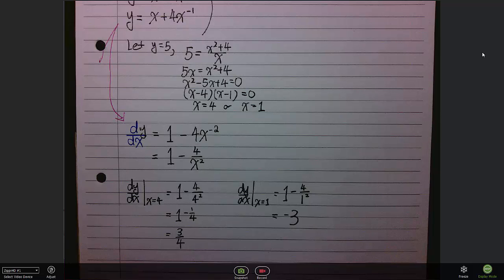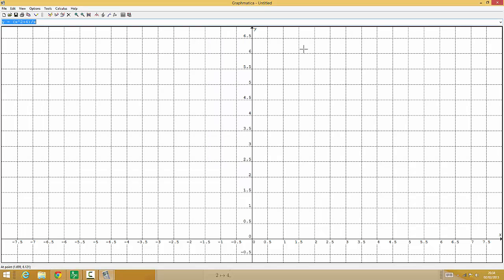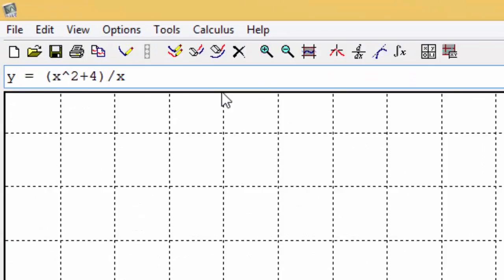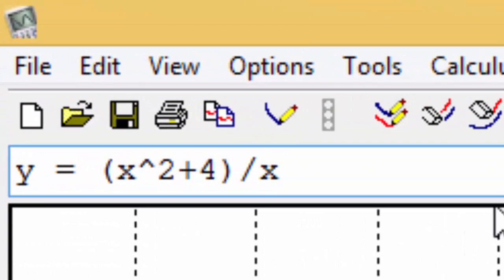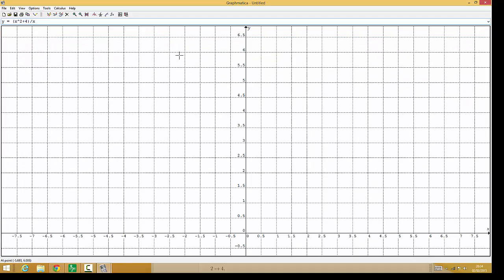Now, to better help you understand the solutions, 3/4 and -3 are just calculations. I'm going to use Graphmatica to show you what I've actually done. So now I'll exit the screen and go to Graphmatica. This is Graphmatica. I've keyed in the equation x squared plus 4 over x for question 8c, and this is the resulting graph.